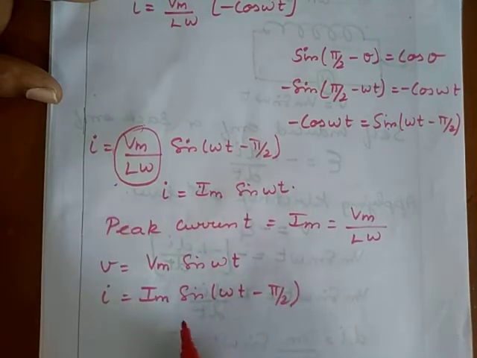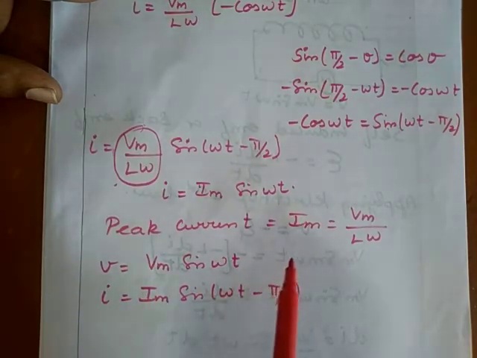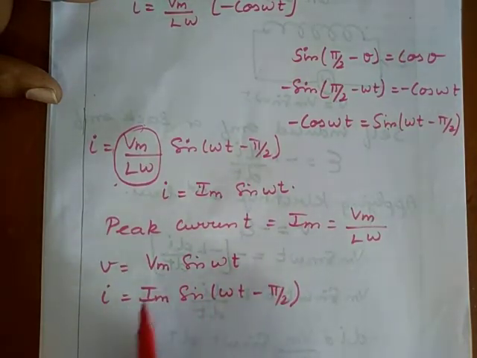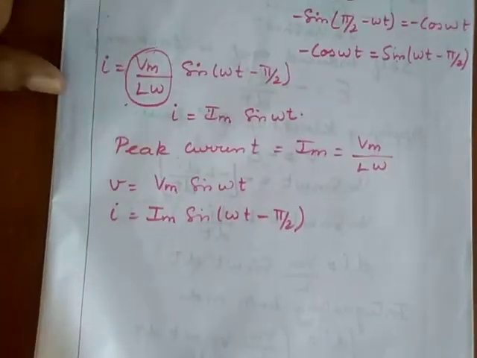These two equations show the voltage leads the current by phase angle pi/2. Sorry, the current lags the voltage by phase angle pi/2, because it is minus. The voltage leads and the current lags by phase angle pi/2.